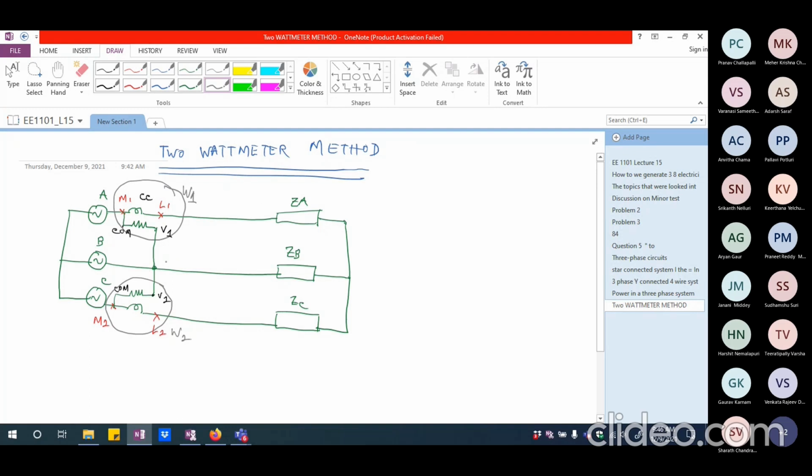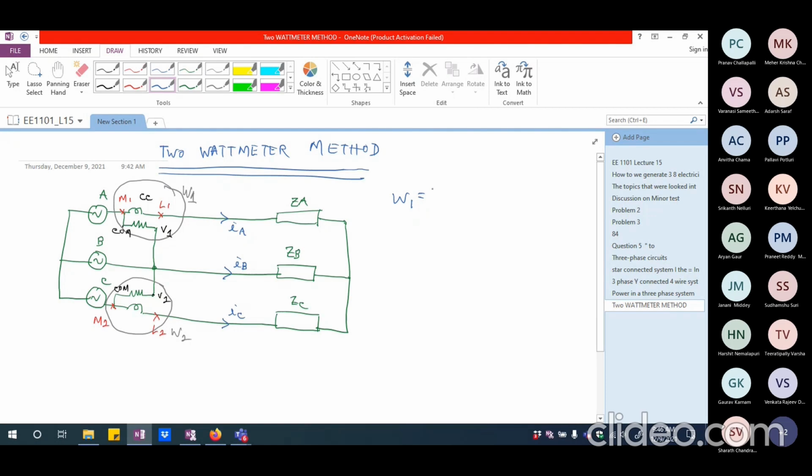And now if I am trying to look at what is the current that is coming through wattmeter 1 and what is the voltage that is coming through wattmeter 1. So I can say wattmeter 1 is going to have, if I say this is IA and this is going to be IB. Please note I am writing lowercase letters, which means instantaneous current, and this is going to be IC.